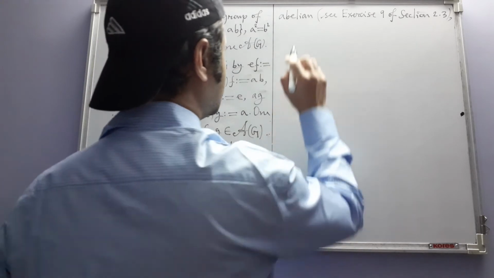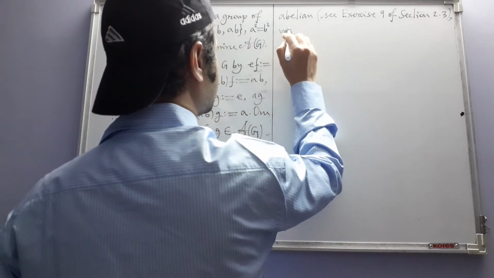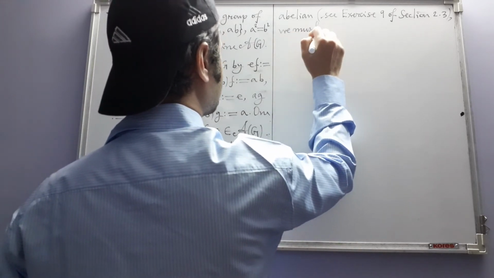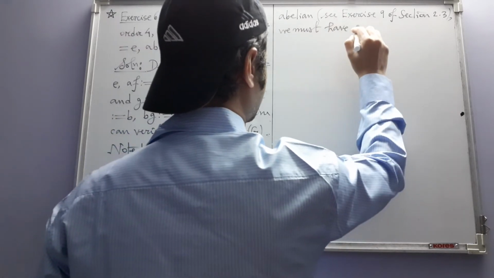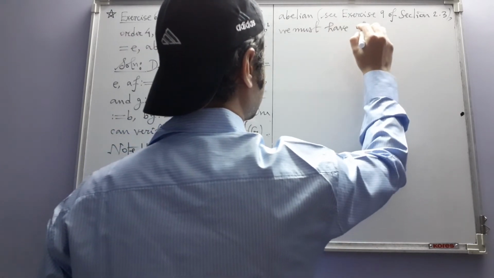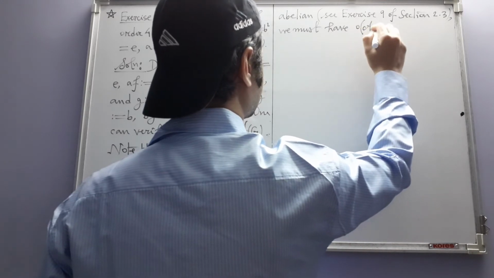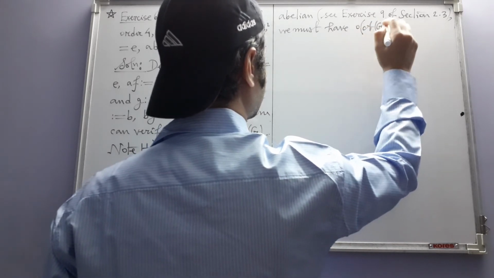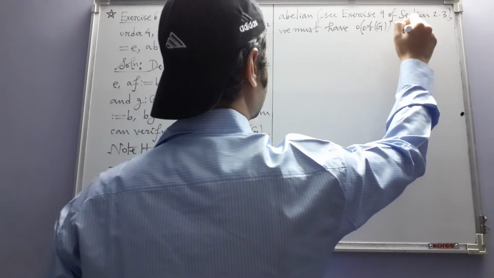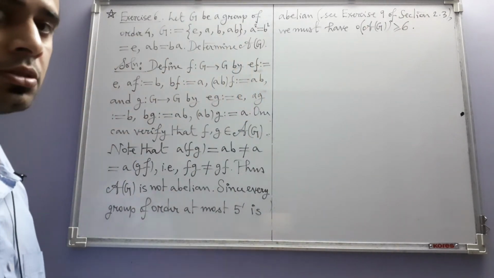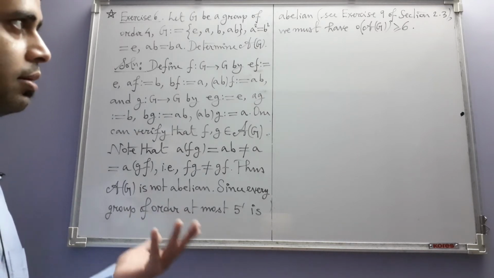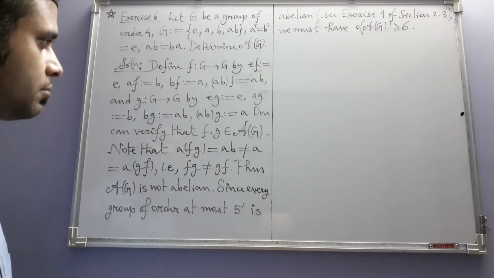So because of this, we must have the order of the automorphism group greater than or equal to 6, because it's non-abelian, so it must have at least 6 elements.